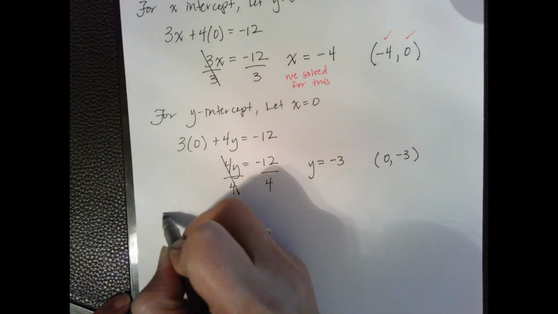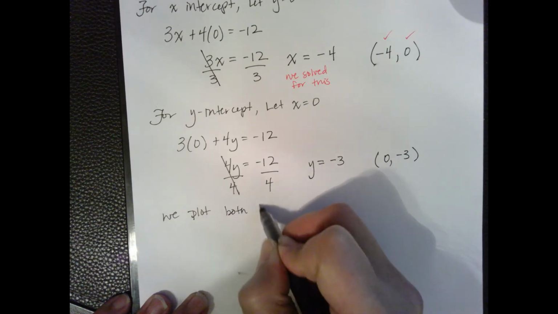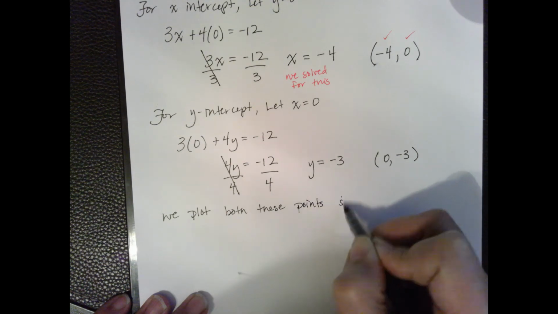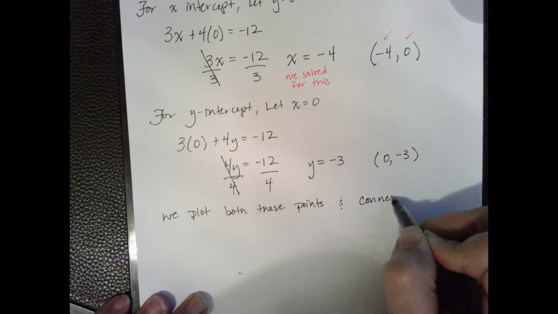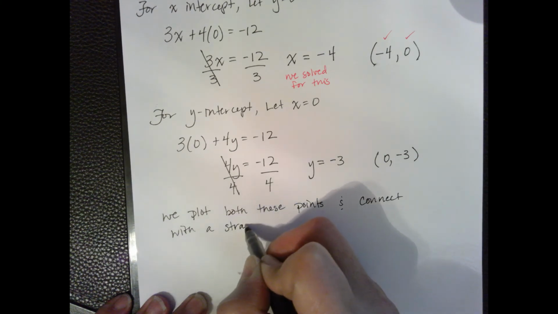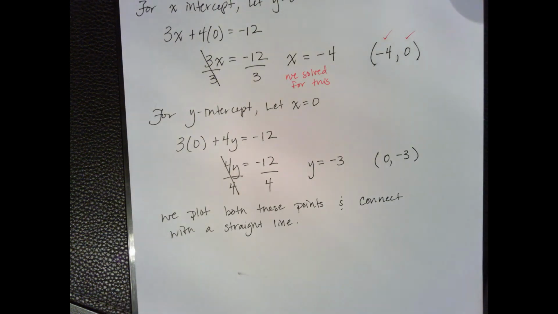And then we plot both these points and connect with a straight line. So sometimes it's easier to graph by intercepts because we didn't actually have to do a t-chart.